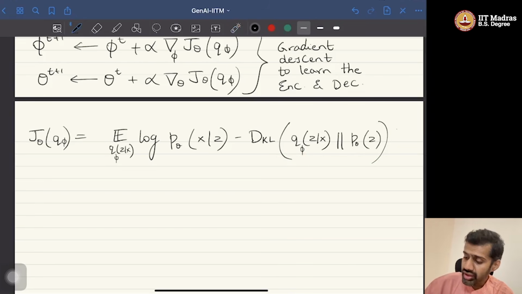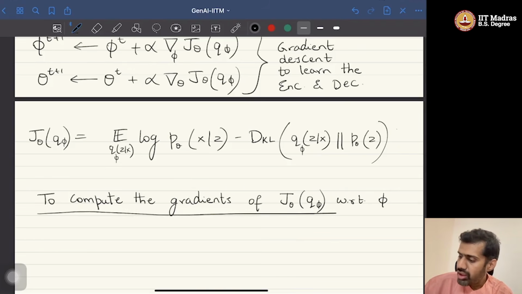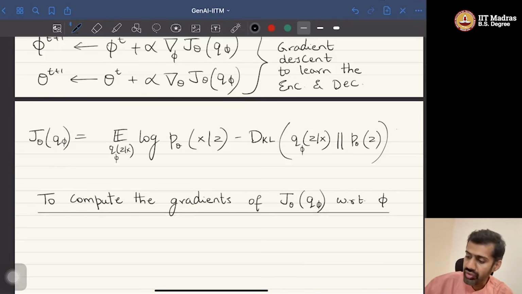Okay, so let us start with computing the gradient of the loss with respect to the encoder parameters phi. Let us first consider the encoder parameters phi.